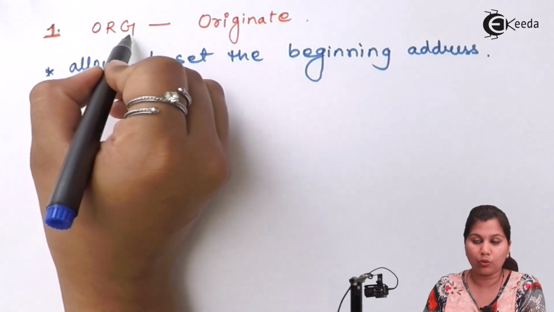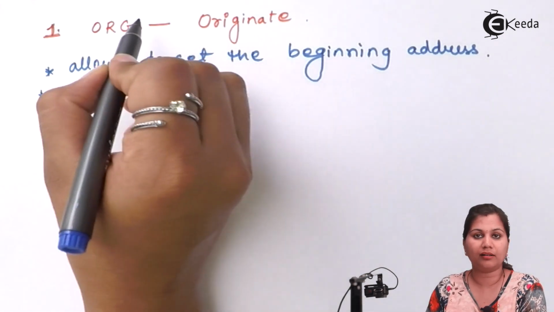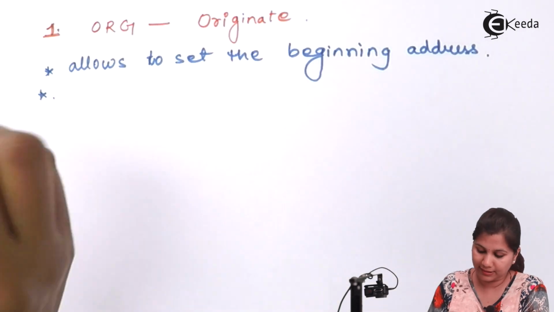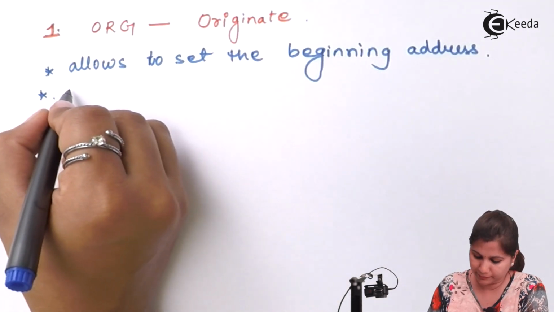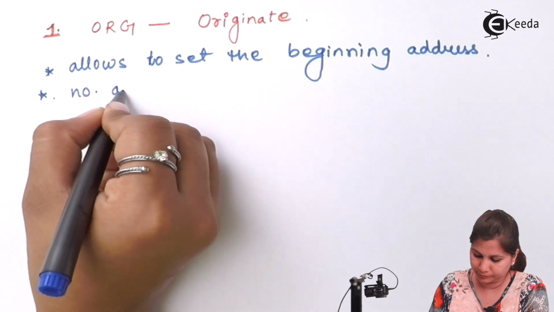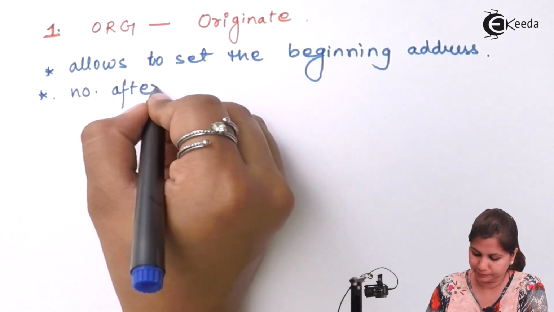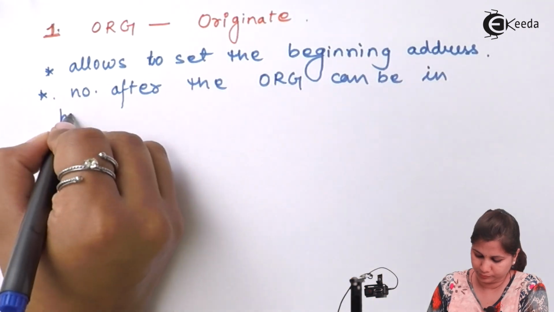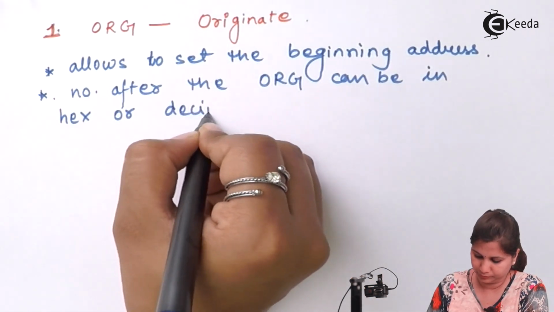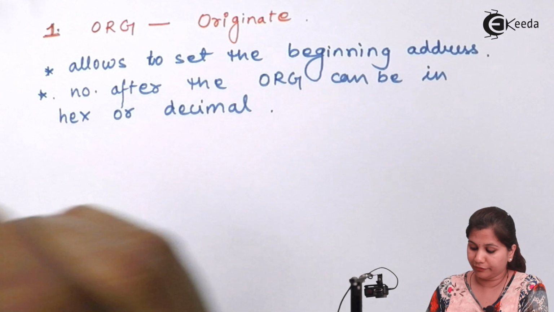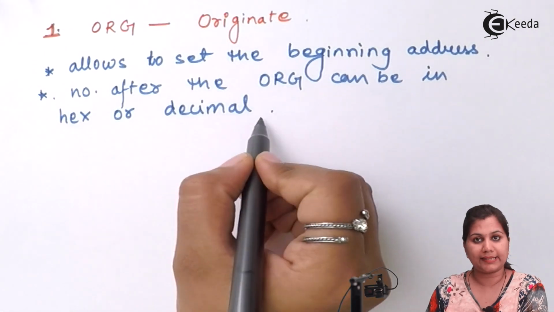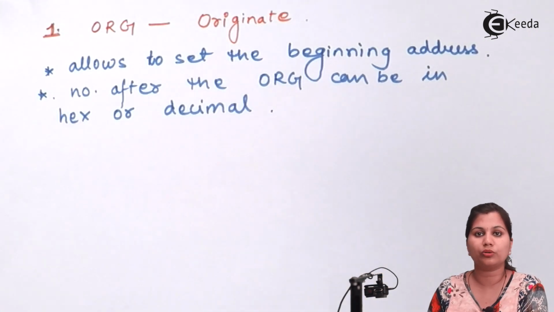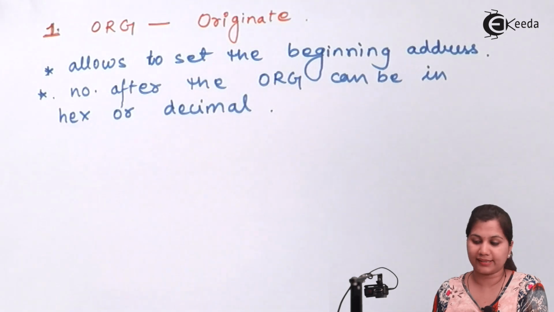After ORG, we write a number, and this number can be a hexadecimal number or a decimal number. If the number is written in decimal, then the assembler converts it into hexadecimal.